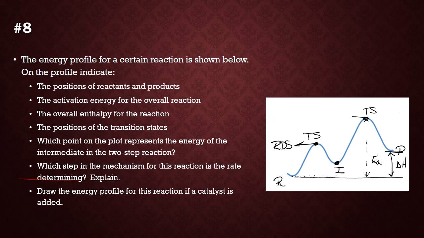Or is it this one? What do you think? It's this one. And the reason it's that one is because if it takes more energy, that means it's the slower step. And the slow step is the rate determining step.